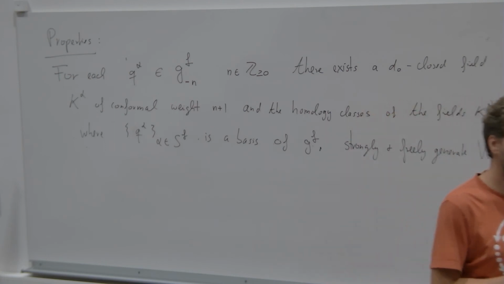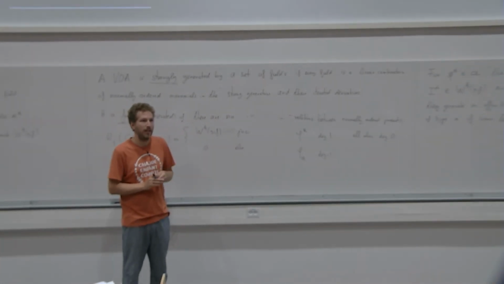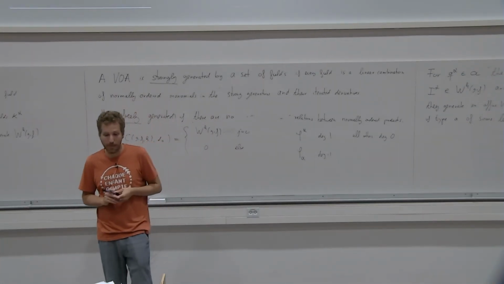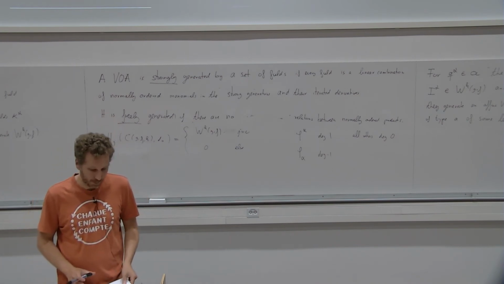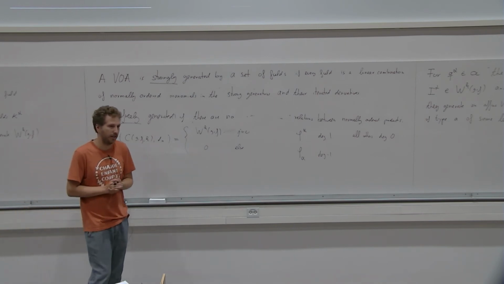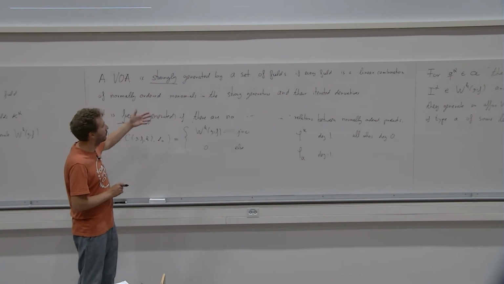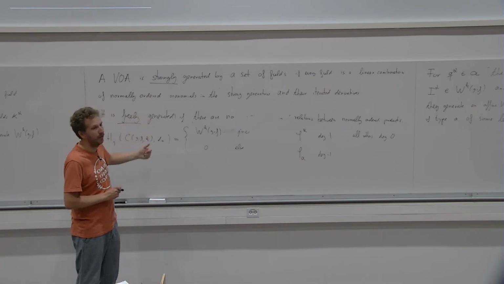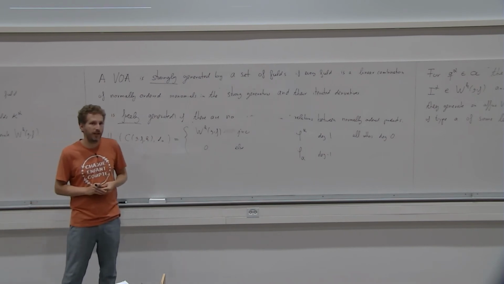But one question you could ask: every VOA is strongly generated by its complete collection of fields, and clearly this is total overkill. This is way too much, right? So you can ask, can I find a minimal strong generating set? Or, better, can you find a minimal finite strong generating set? You should think of a strong generating set as a VOA analog of a generating system, and we want things to be finitely generated.